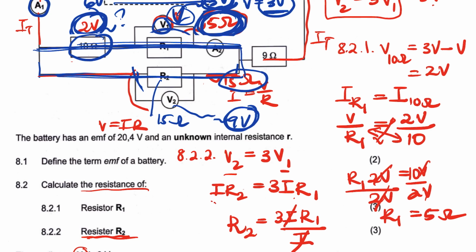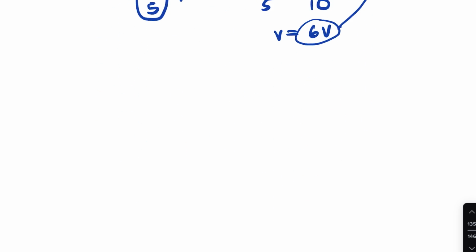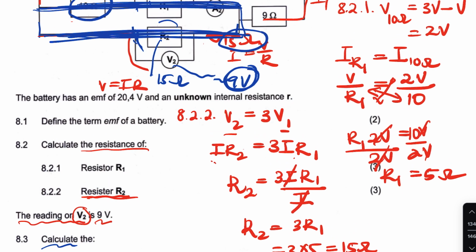So I have the current here, it's 3 over 5, and I can calculate the current here and add the two and give me that. So I will say, 8.3.2, I'll calculate the current in R1. In R2, which is the current here.